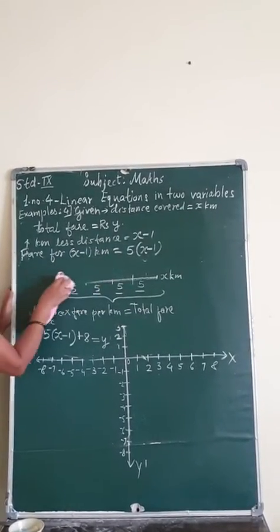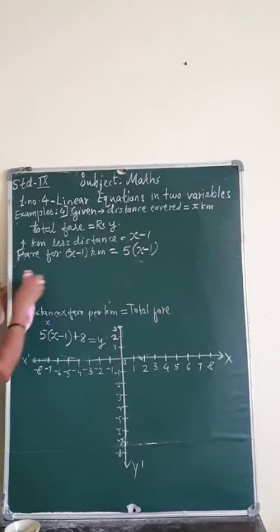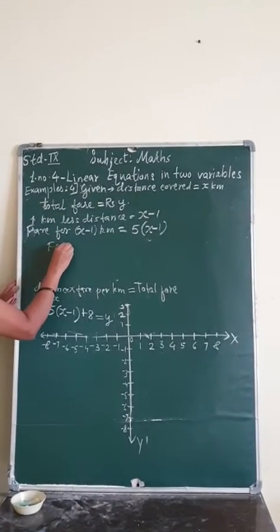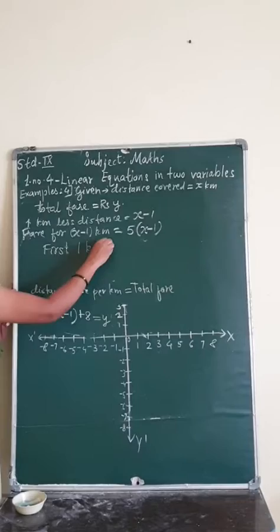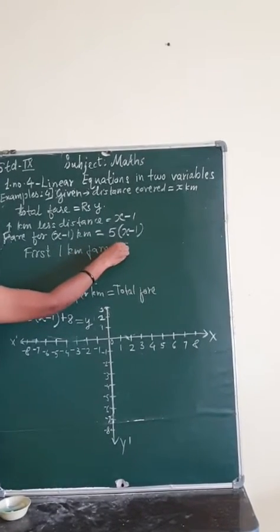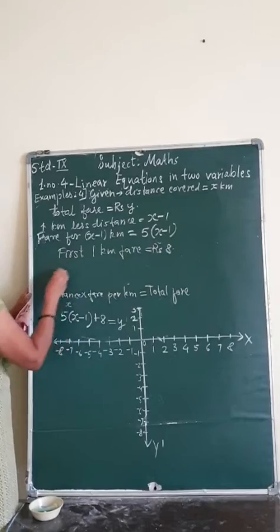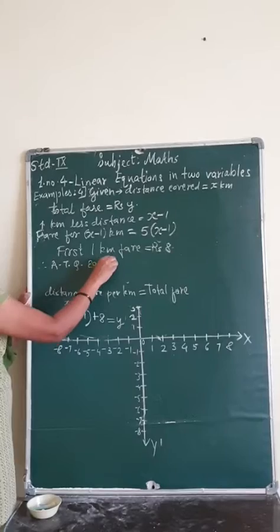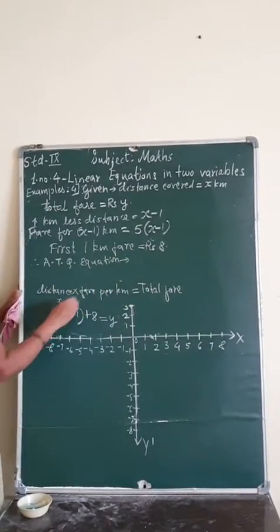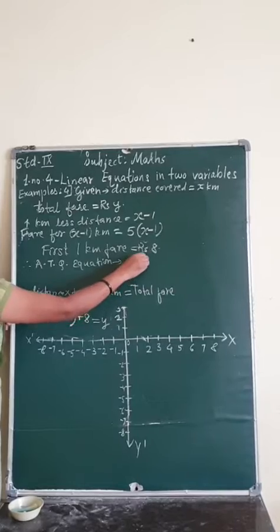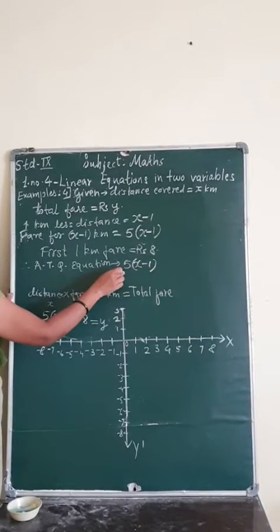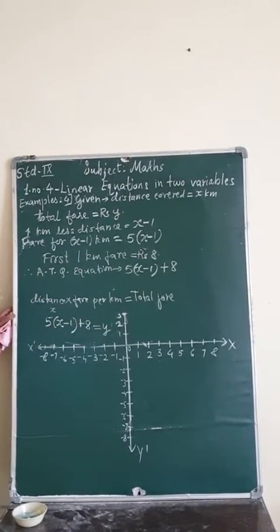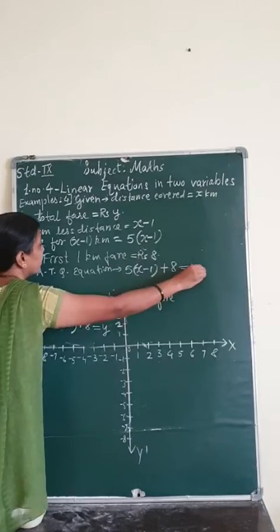Now we want the total fare, and that is given as y. So the remaining first 1 kilometer fare they have given us is rupees 8. Therefore, according to the question, the equation will be, as we stated here: for the subsequent distance x minus 1, 5 rupees per kilometer, plus 8 rupees fare for the first kilometer, gives us the total y.